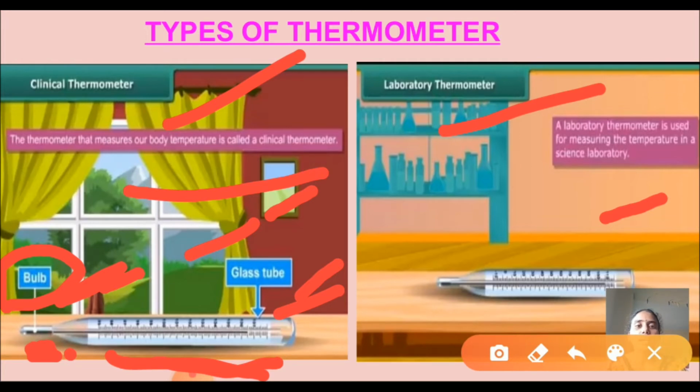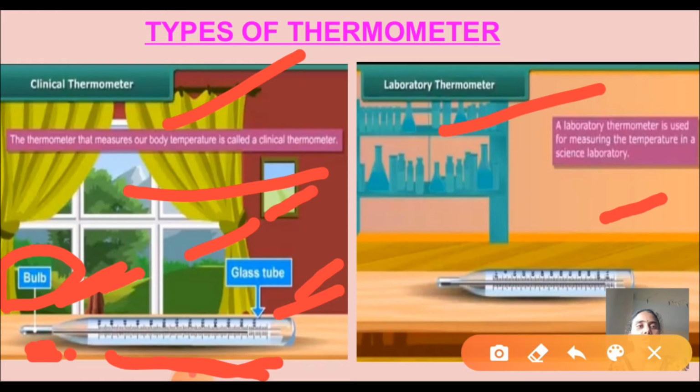The clinical thermometer is also known as the doctor's thermometer, because doctors use it to measure the temperature of patients who have fever.